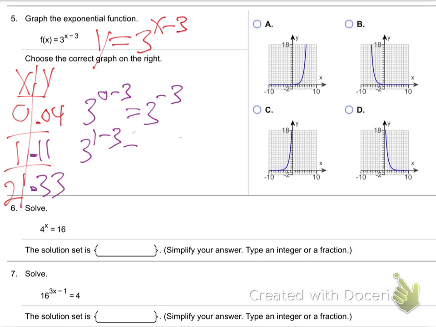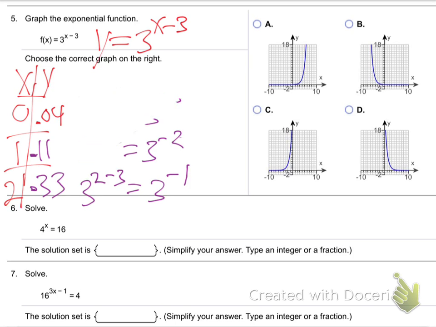I plugged in 1, and then I plugged in 2. And then I used my calculator. You all know where the negative button is on the calculator, which is different than the subtract button for most calculators. If you can't get those decimals, grab me after class. It just takes a minute. I can show you anything on the calculator. It'll probably take 30 seconds to help you with that. Be glad to do it.